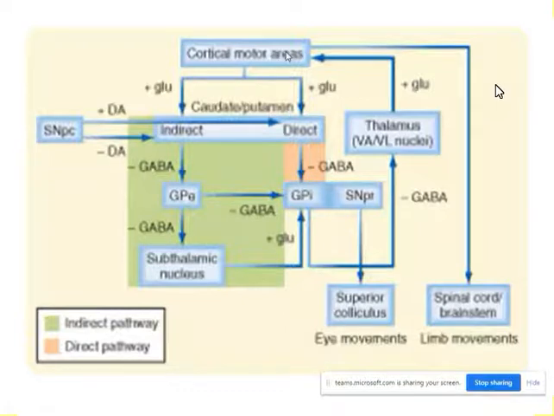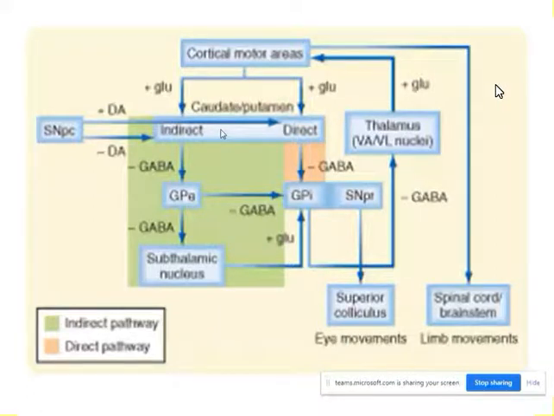Now let me discuss the indirect pathway. What will happen in the indirect pathway? Again, the corticostriatal pathway is there. The information is coming to the striatum, the caudate and putamen nucleus, so it will excite this one.